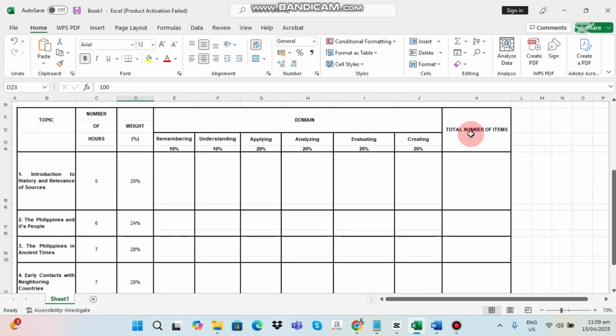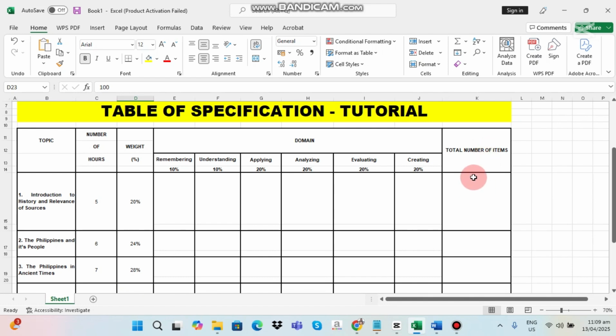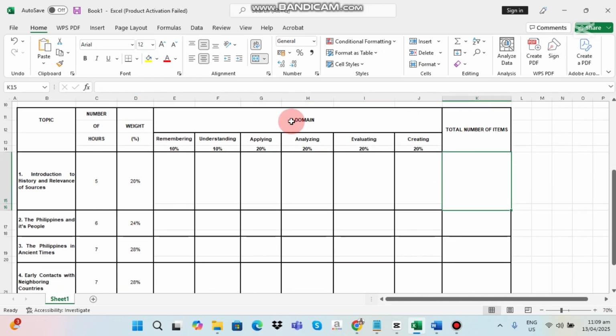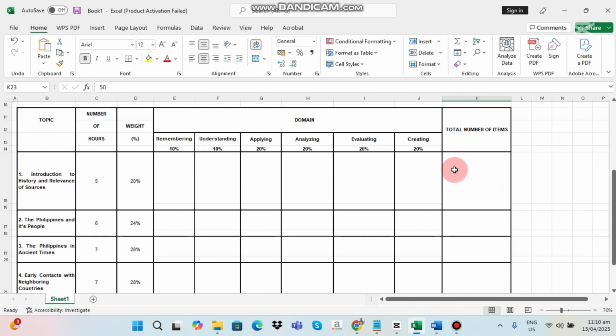But today, for the total number of items, you take this 20 and multiply by 50, and then divide the result by 100, and that will be your total number of items. Always see to it that this column must be exactly 50 if we sum up everything that we are about to put in here.